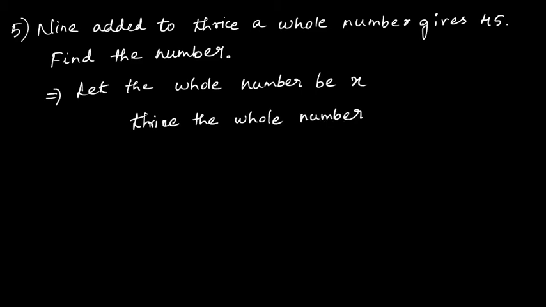So thrice the whole number, it's nothing but 3 multiplied with the whole number, that is 3x. They have said 9 added to it. So when 9 has been added to it, you will get 9 plus 3x.